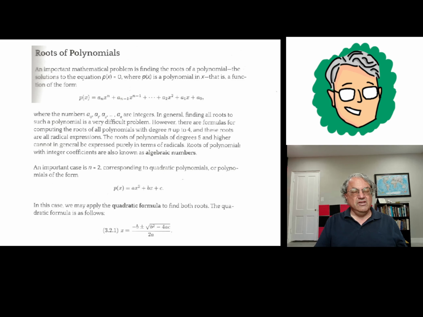But finally, by the early 19th century, it was proven that there is no such formula for degree 5 or higher. In general, there are special cases for which you can solve the roots of a polynomial of degree 5 or higher in terms of radicals. For instance, for x to the fifth minus 2, one root is just the fifth root of 2, obviously. But that's kind of a trivial case. In general, you can't do it.